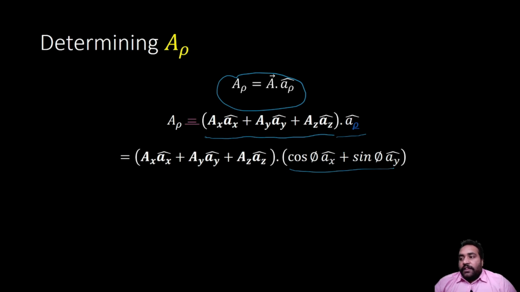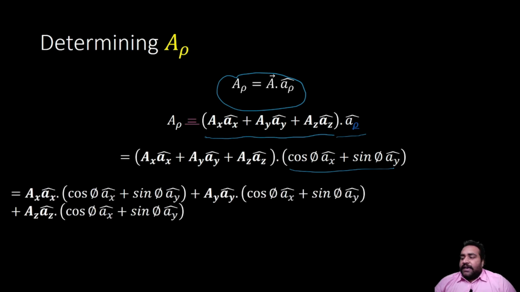If I apply the distributive property, ax would be dotted with this entire vector, ay would be dotted with this entire vector, and similarly az would be dotted with this.